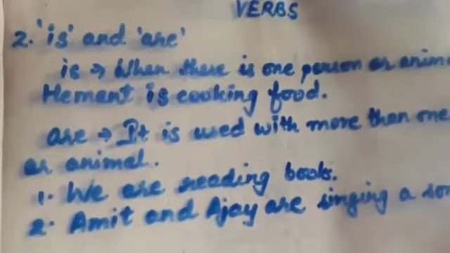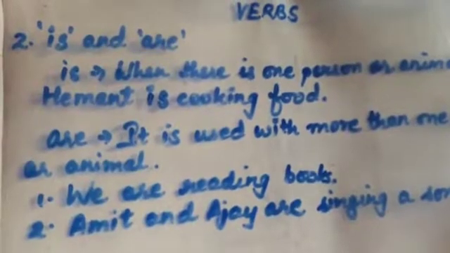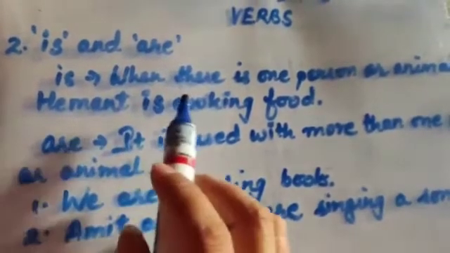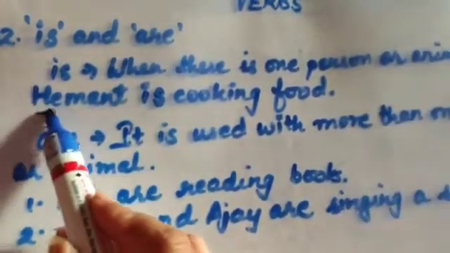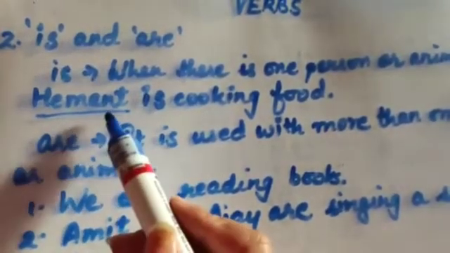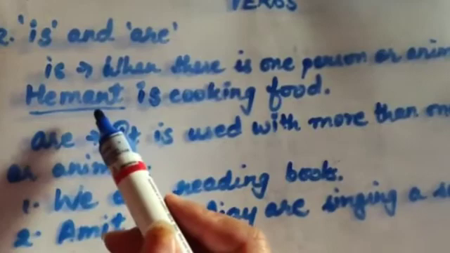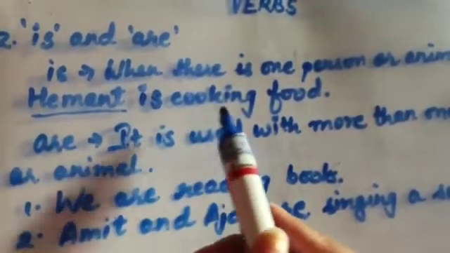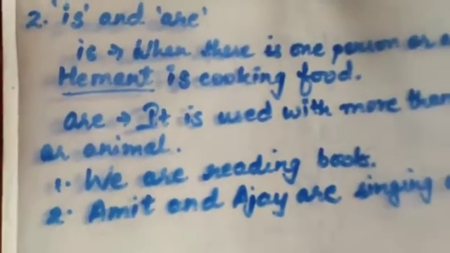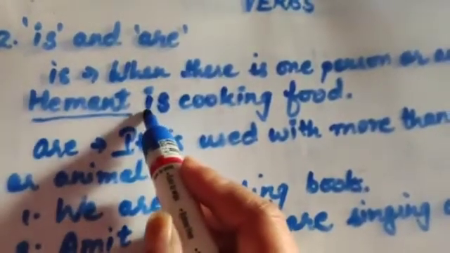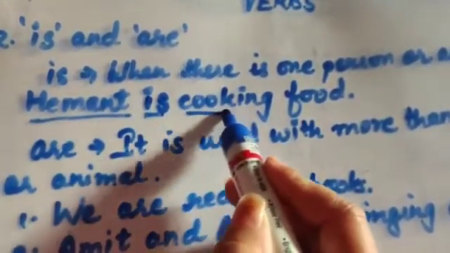Now the second helping verbs are is and are. So is is used when there is only one person or one animal. Here Hemant, how many persons are there? Hemant is only one person. Okay, so Hemant is cooking food. Now here is is used with the action verb cook.